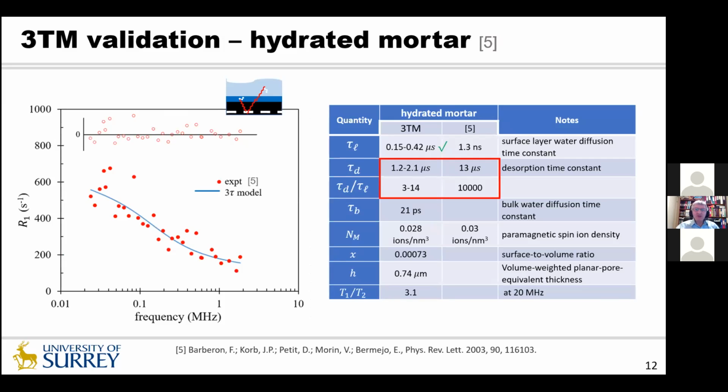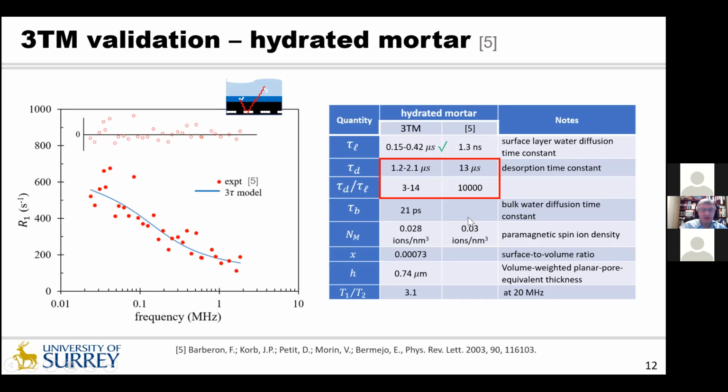We're now going to move on to look at the other time constants in a little bit more detail, tau d, tau l, and in particular the ratio tau d over tau l, which is supposedly indicative of a strength of interaction between the surface and the surface layer fluid. Indeed, these ratios represent the number of hops of a water molecule at the surface before desorption.